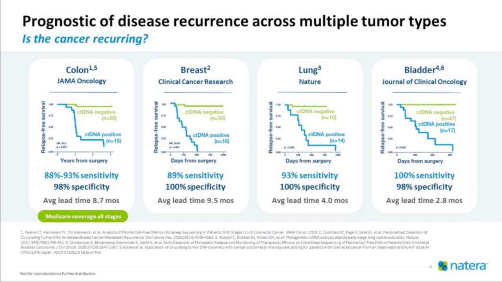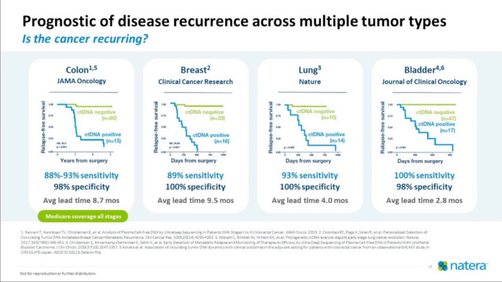And all in all, we're not going to go into every one in particular, but in essence, really high levels of positive predictive value and negative predictive value. As you can see, your sensitivity exceeds 80 to 90%. The specificity, which determines our positive predictive value, is on average over 98%.